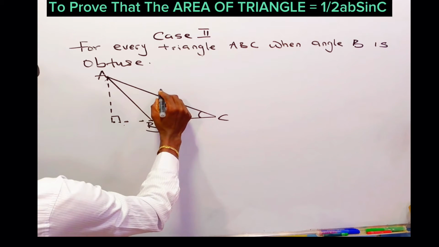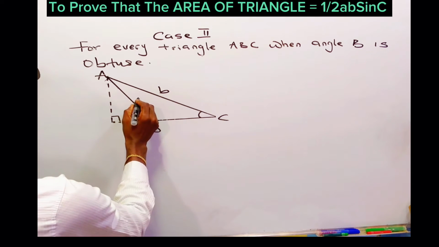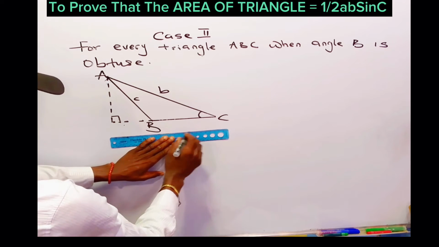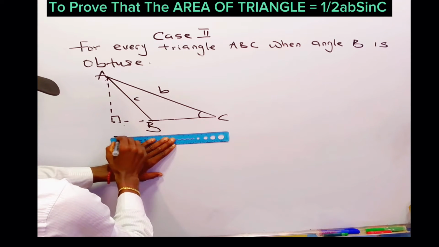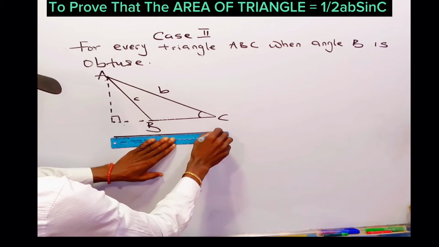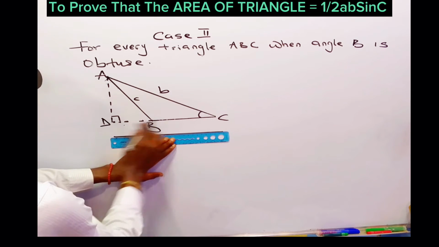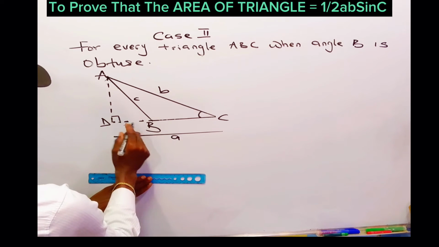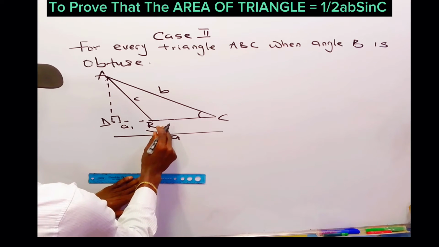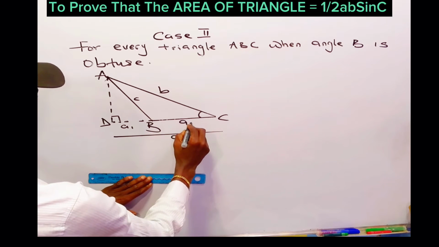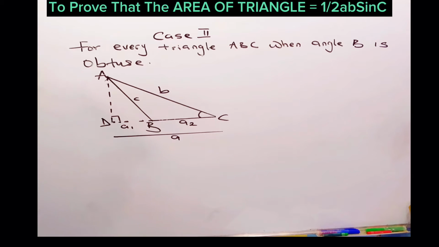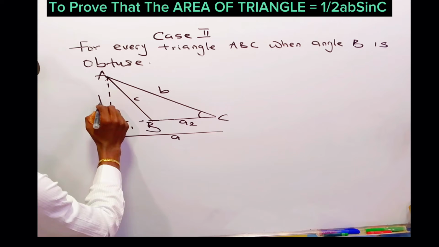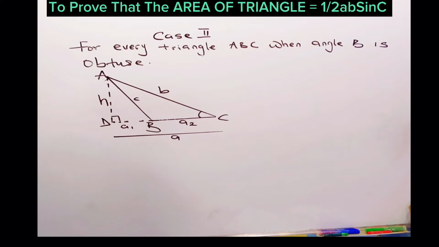Also, opposite B is small b, opposite C is small c, and let's also call this D. From DC, which is opposite A, let's call it A, and DB, let's have it as A1, and BC, let's have it as A2. Length AD is our altitude, let's call it H.